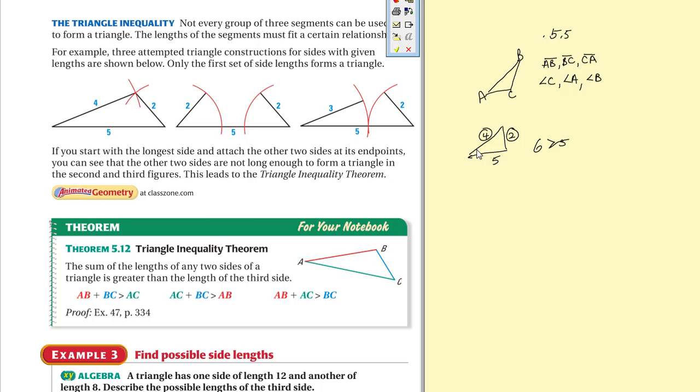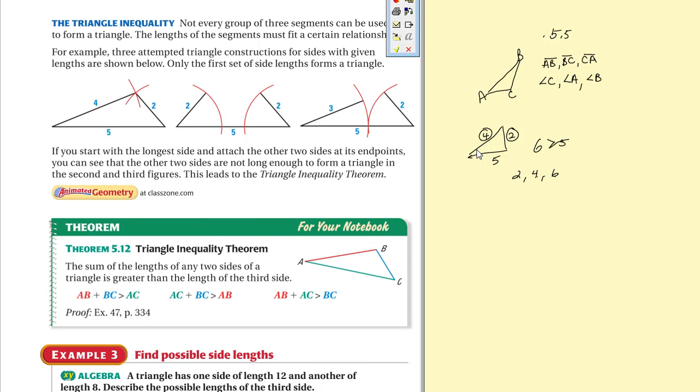So let's take some random numbers. Maybe 2, 4, and 6. Well, do these three numbers make a triangle? Well, 2 plus 4 is 6, and that's not bigger than the third side 6. It has to be bigger. And 6 plus 4 is 10, and that is bigger than 2, so we're good there.